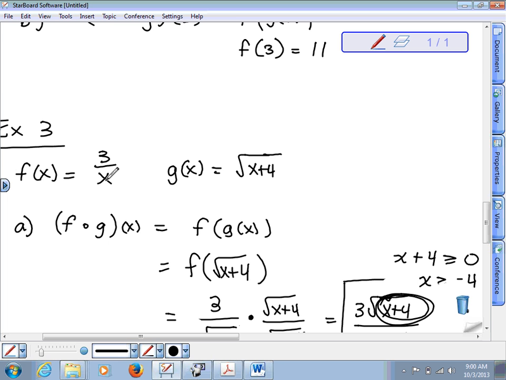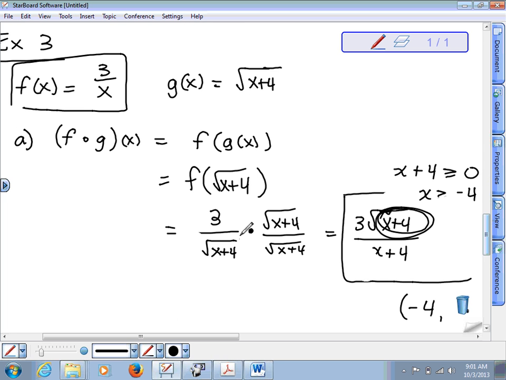Does that make sense? What you have to read originally here is this just means 3 over an input. And what does that input become? Square root of x plus 4. So now that gets replaced with this right here. Does that make sense though?